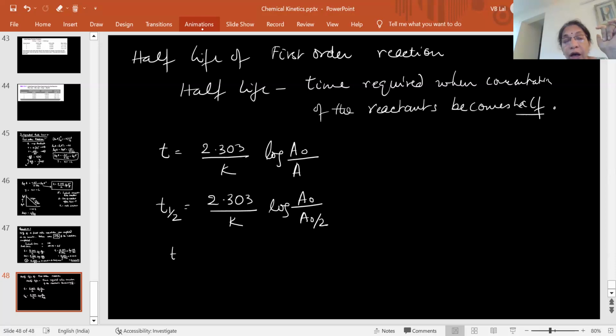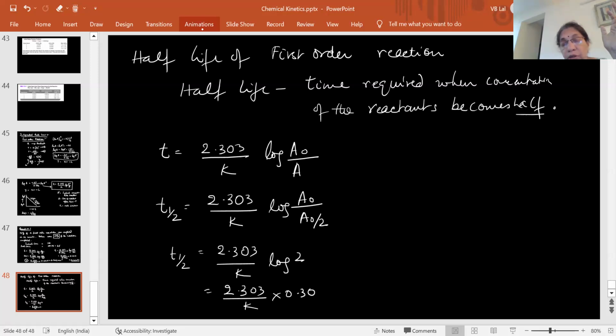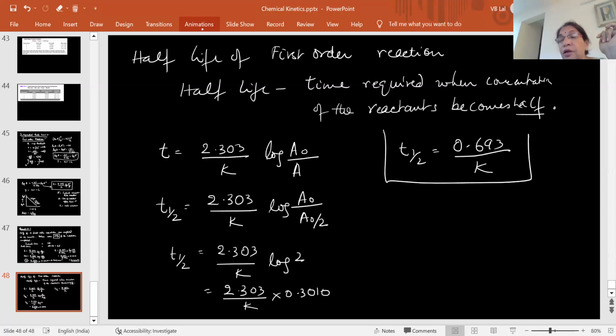So t half will be equal to 2.303 by K log 2. And log 2 is 0.3010, so t half is equal to 0.693 by K.